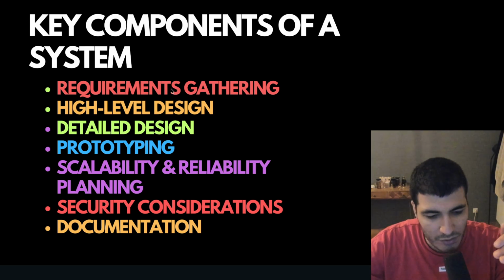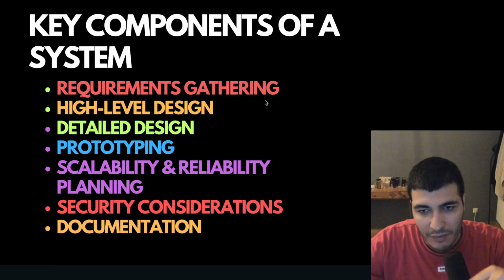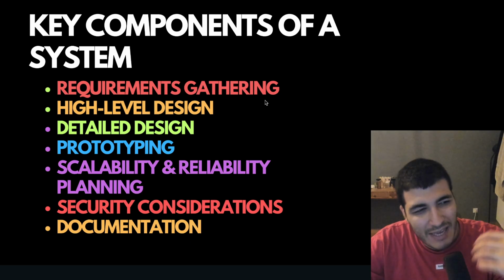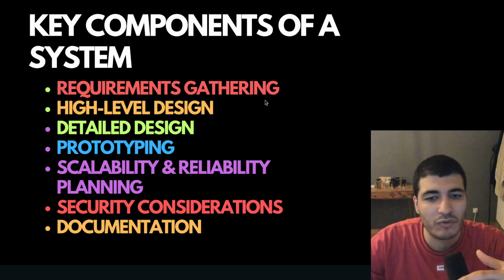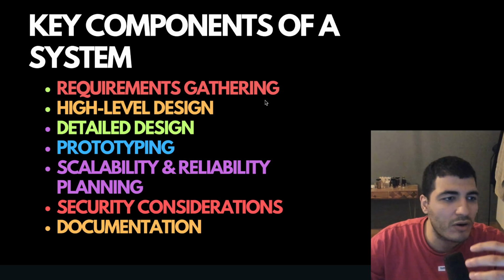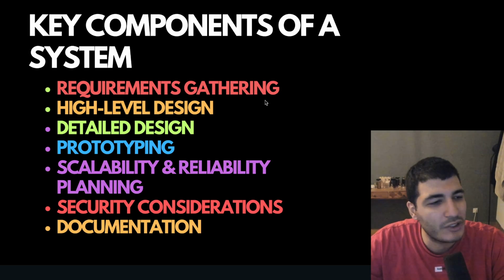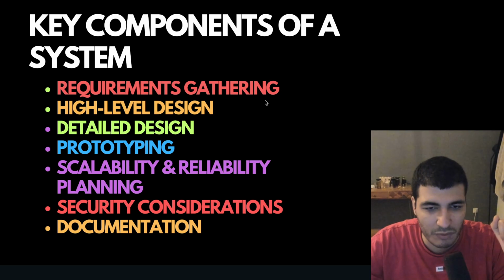So first we have requirement gathering. Here we want to understand what exactly we are building, what functionality we expect, what non-functional requirements we expect, and what capacity estimation we will think about. Basically, it's the what question.